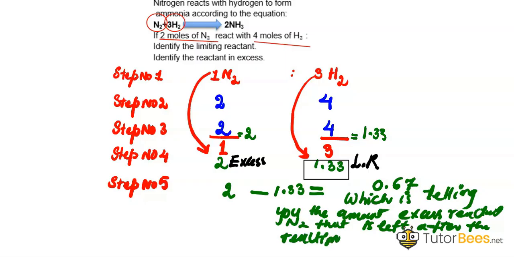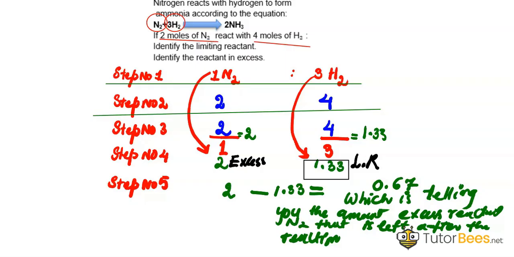So if we just revise it, in step number 1, you just need to write the reactants from the balanced chemical equation with their number of moles as given in the balanced chemical equation. Then you will write the provided number of moles.